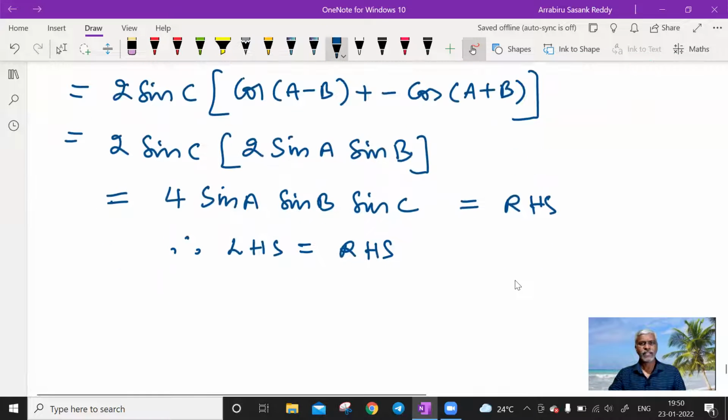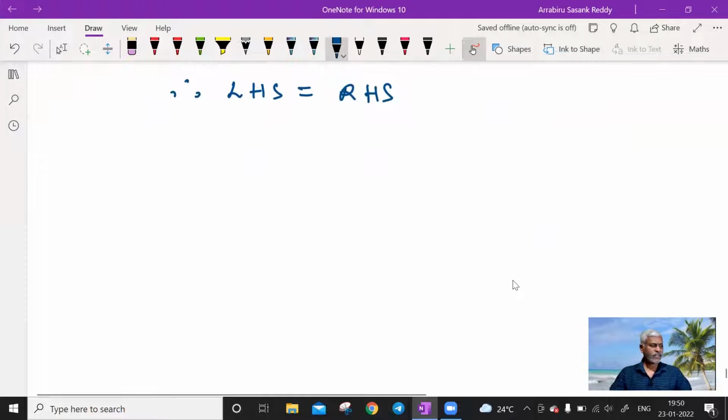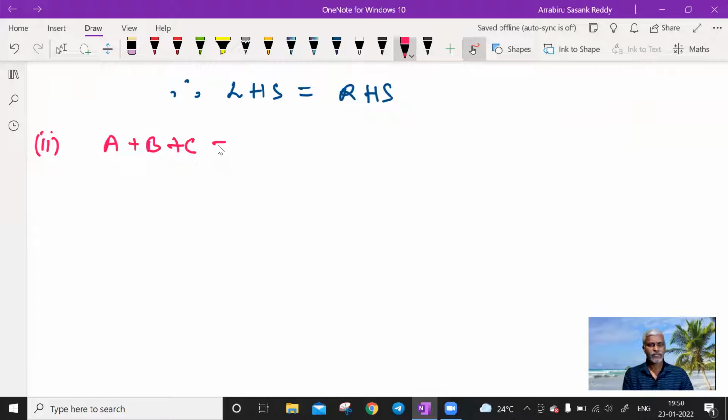Now let us take the second bit. It is also given that A plus B plus C is 180 degrees, as A, B, C are angles in a triangle. Then prove that sin 2A plus sin 2B minus sin 2C.